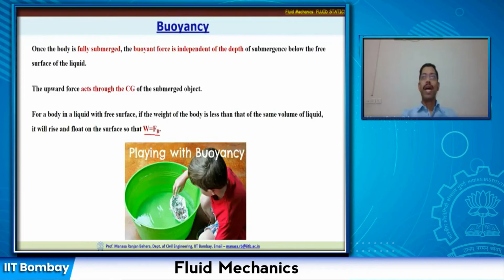So if I have some body here and it is displacing some amount of fluid, this is my free surface, and this body is displacing the liquid, and that gives rise to Fb, and I have the weight of the body W acting downward.